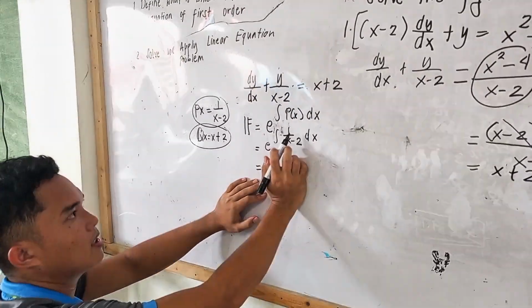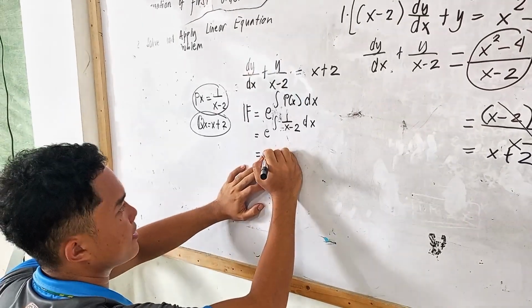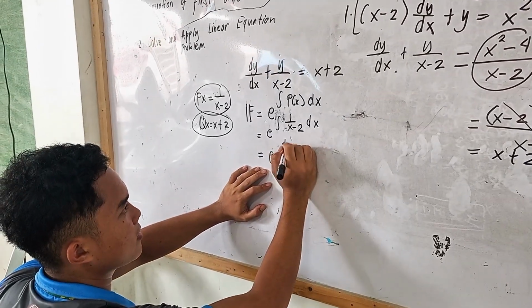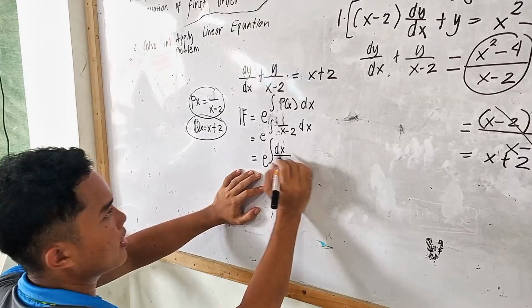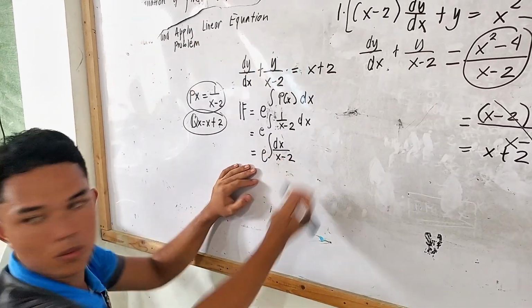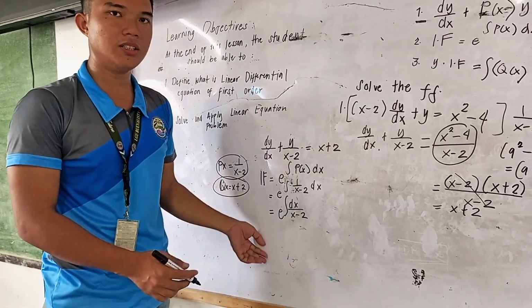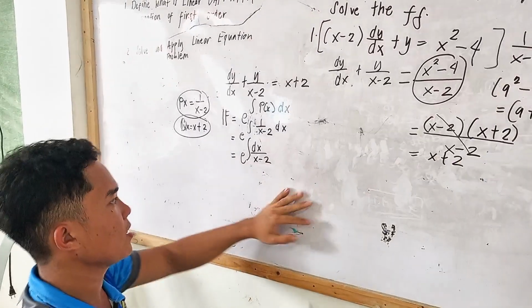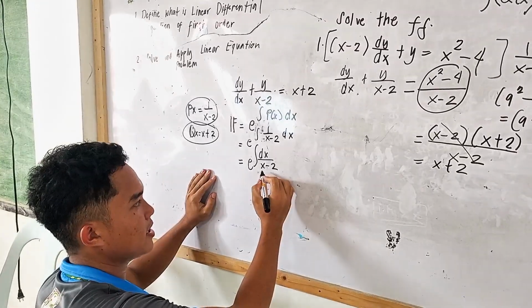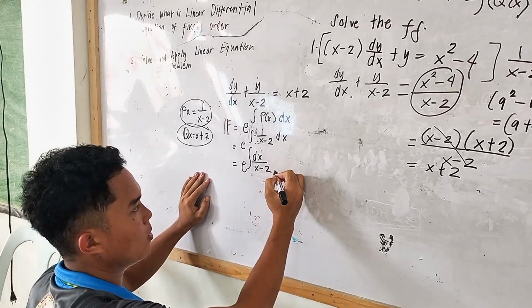As earlier, 1 times dx is automatically dx, then copy the denominator, which is x minus 2. Now, recall the formula of integration. We will make the denominator x minus 2 our u.